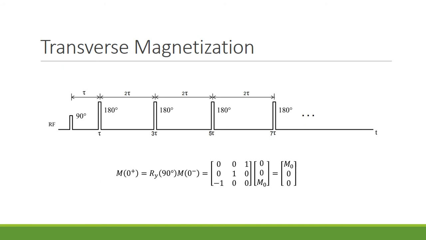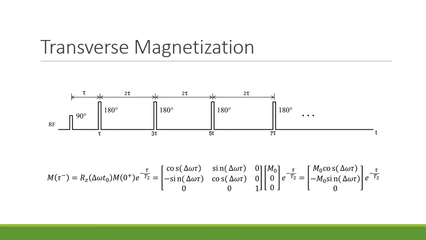Just after the 90 degree pulse, we have M0 in X direction, as you see in the formula. And then we have free precession and also dephasing due to the field inhomogeneity, and we can get the formula you see based on cosine and sine of delta omega tau.